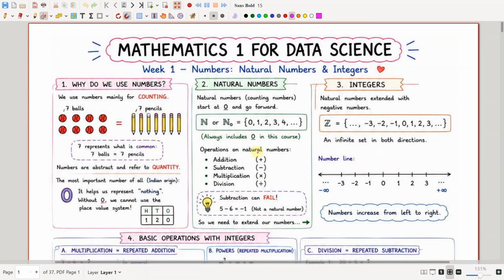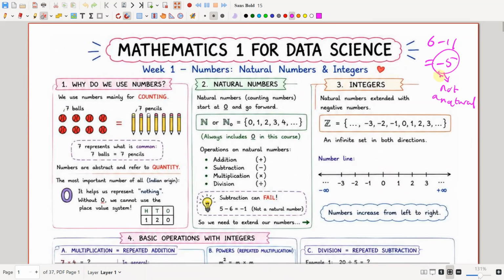The operations possible on natural numbers are addition, subtraction, multiplication, division. But sometimes the subtraction between two natural numbers can fail. See here, 6 minus 11 will be minus 5, while minus 5 is not a natural number.